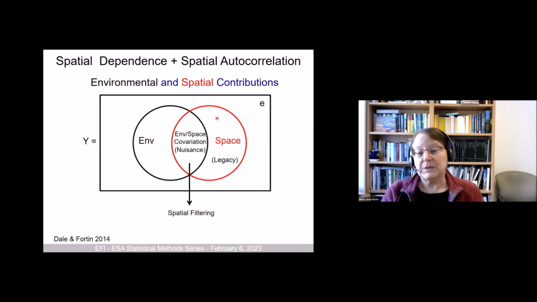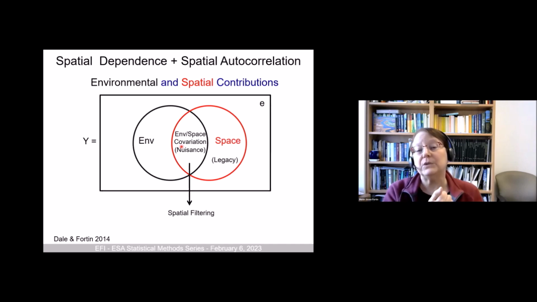And then there could be some space that is important, all those spatial aspects that I presented to you. So if there is no relationship between space and the environment, we call that legacy or this kind of multiple scale, and that could be of interest, versus the covariability between space and the environment, so the dependency that I was talking about.